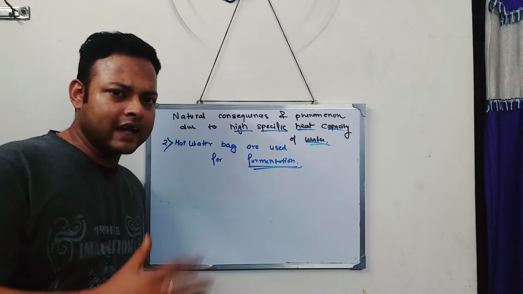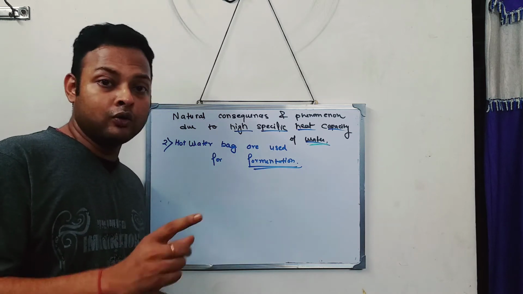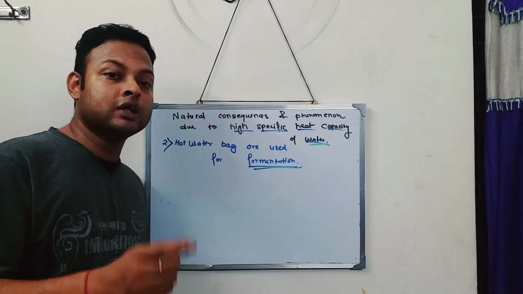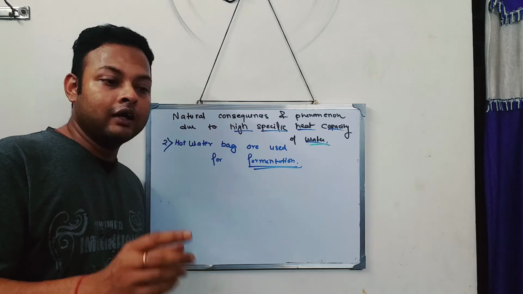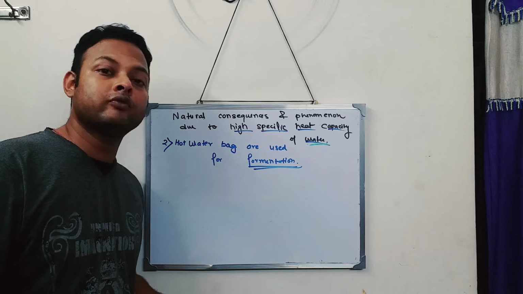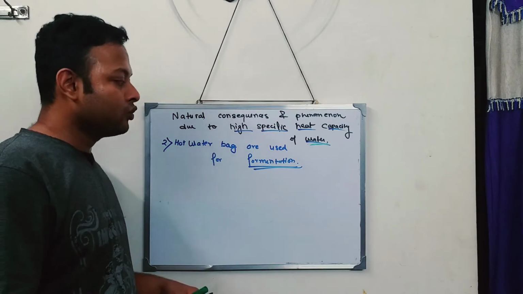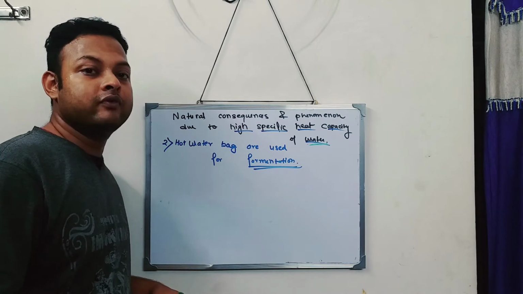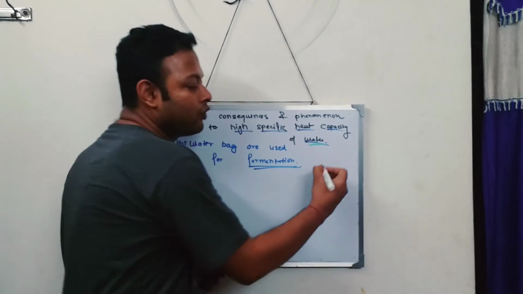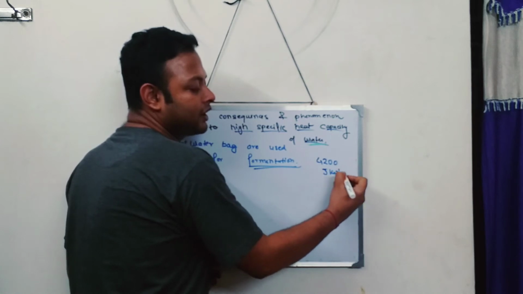Can't I use hot sand? I can use hot sand in the same bag, but no, I rather use hot water than hot sand. Think, what is the advantage of using water rather than sand? As I told you, water has a specific heat capacity of 4200 joule per kg per Kelvin.